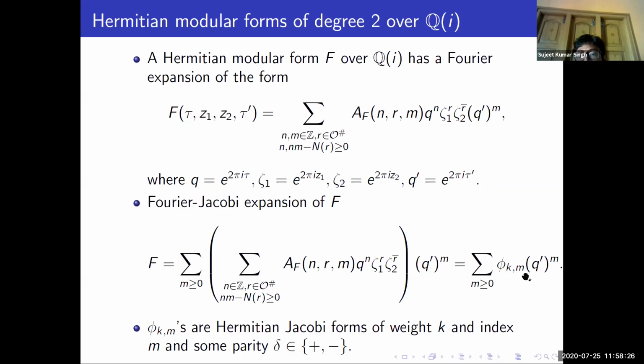So this phi km is equal to this Fourier expansion. And these phi km are Hermitian Jacobi forms of weight k, index m, and for some parity delta belonging to plus and minus. So using this property of Hermitian modular forms, we have proved a similar result of U(P) congruence in the case of Hermitian modular forms of degree 2 over Q(i) also.